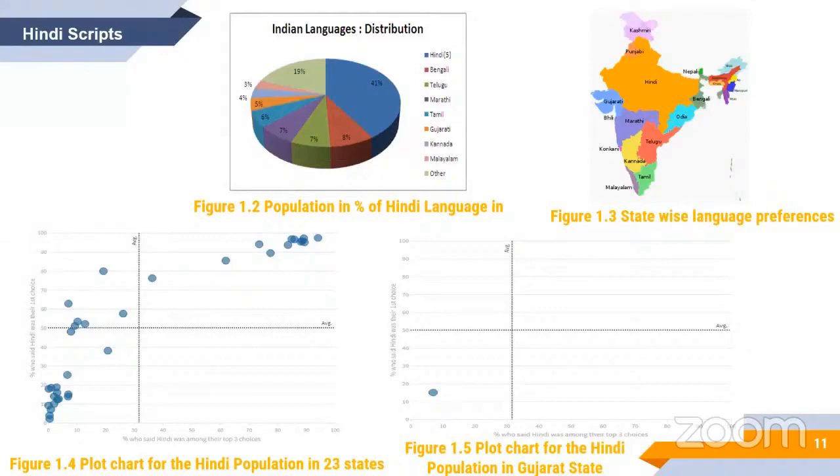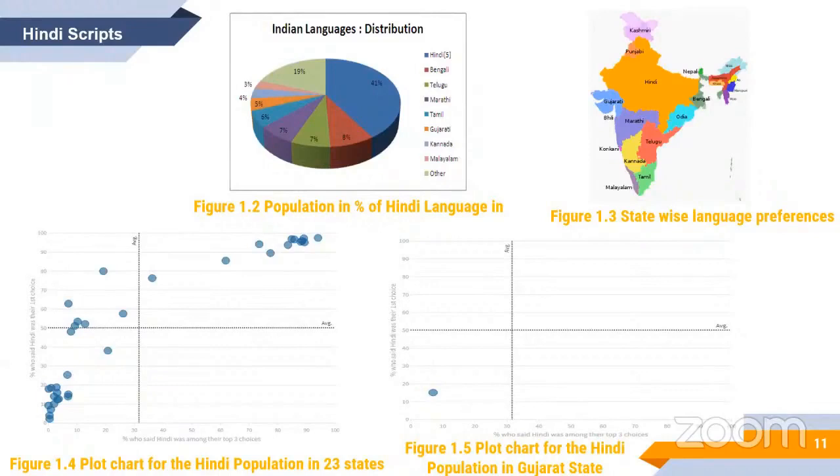As per the literature review, in figure 1.2, the population of Hindi is 41%, and you can see in the graph it is the higher ratio.